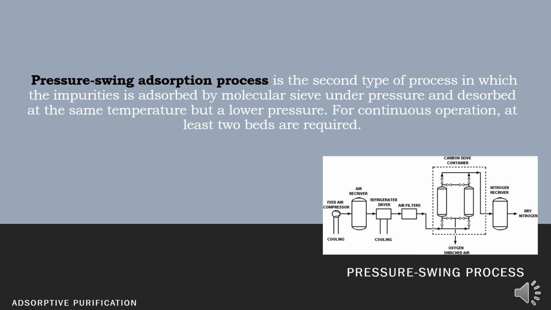Its principal advantage is that it can operate on a shorter cycle than the thermal swing process, thereby reducing vessel sizes and adsorbent requirement. It is capable of purifying a typical crude hydrogen stream to a high purity hydrogen product containing 1 to 2 parts per million total impurities.